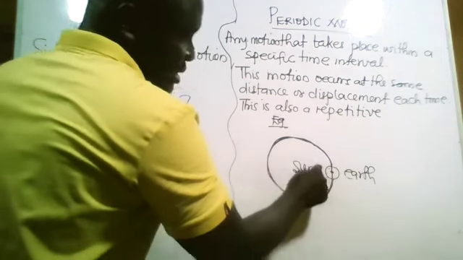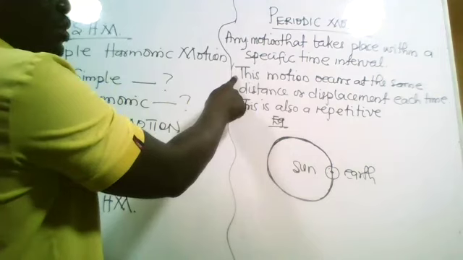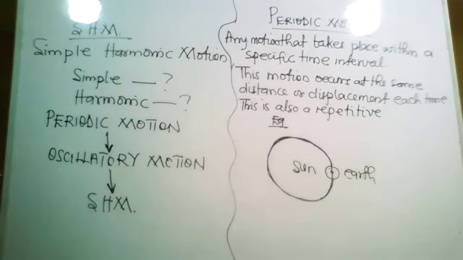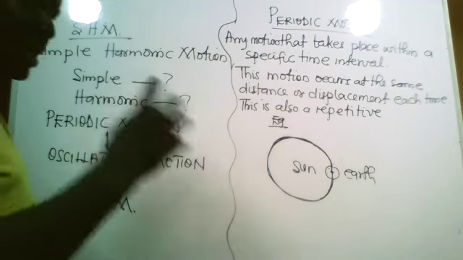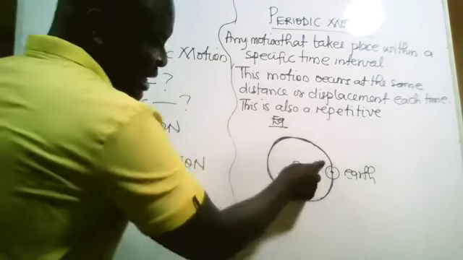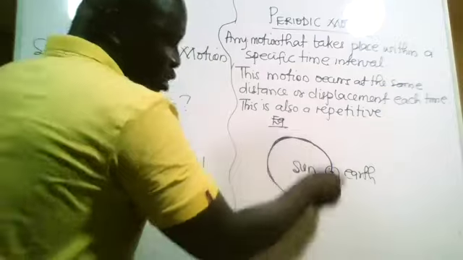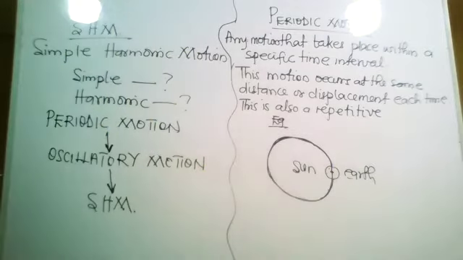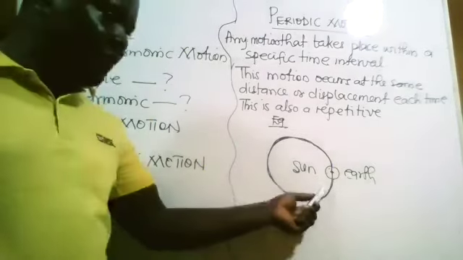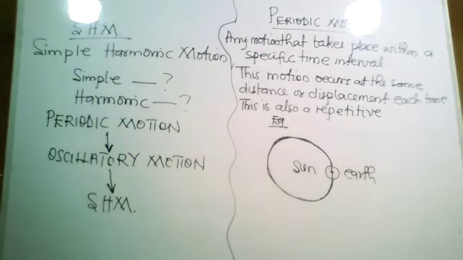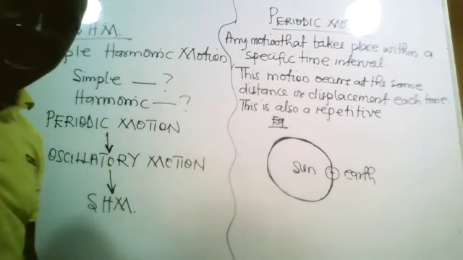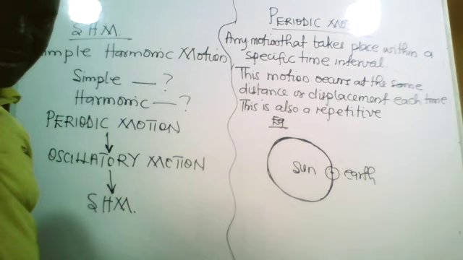So it is showing an attribute of this motion: it occurs at the same distance or displacement each fixed time, and then the motion is repeated. So the motion of the Earth around the sun is an example of periodic motion.